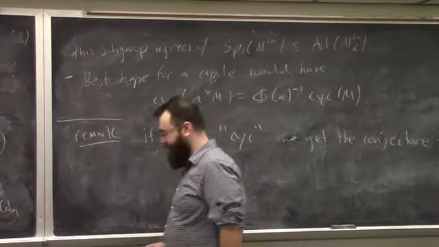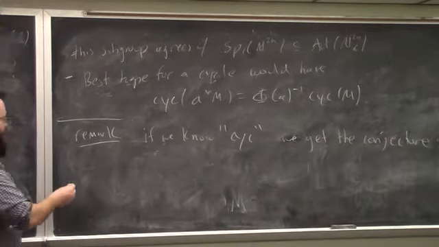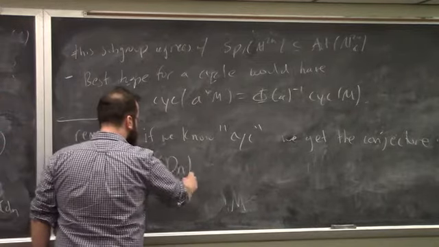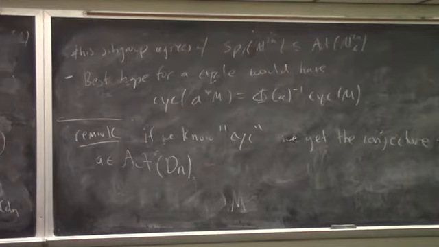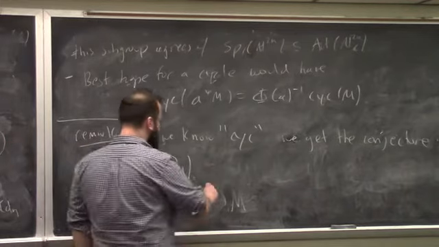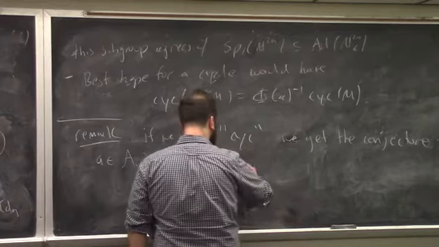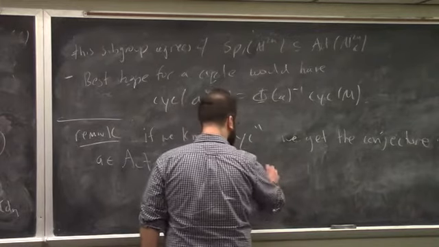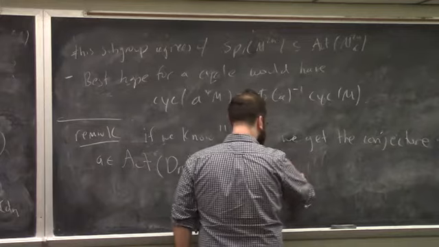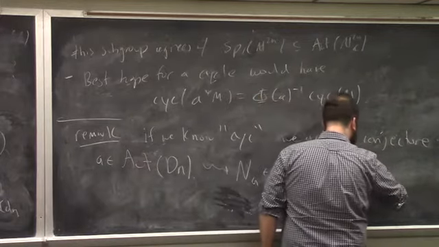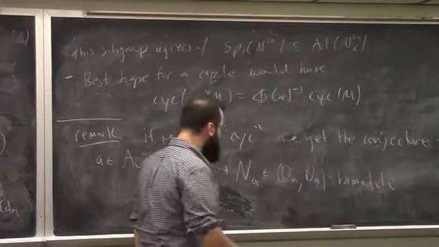Okay, so why should that be the case? Let's take A in the automorphisms of Dn. I claim that to this A, I can associate an object that I'll call NA, which is a Dn-Dn bimodule.